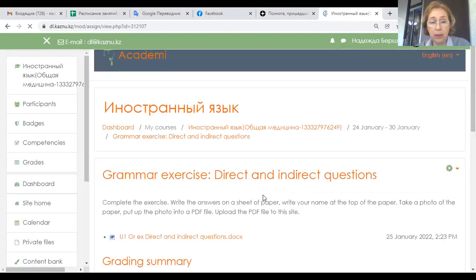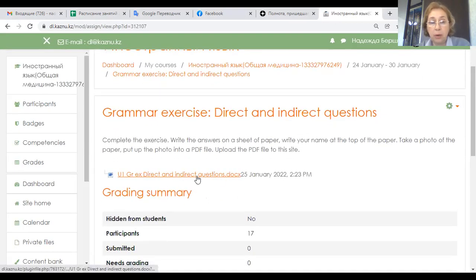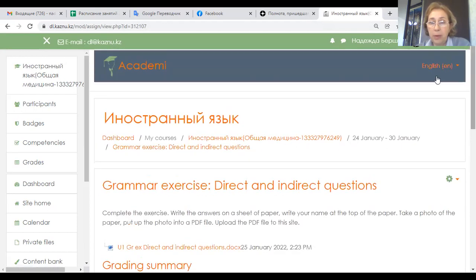You just click on it and download the file, which is in Word form, to your computer. Then you look at the exercise, complete it, take a photo, and upload the PDF file to this very folder. So this is the home assignment for this week. Well, the main thing is here just to understand how to enter this site, how to log in.